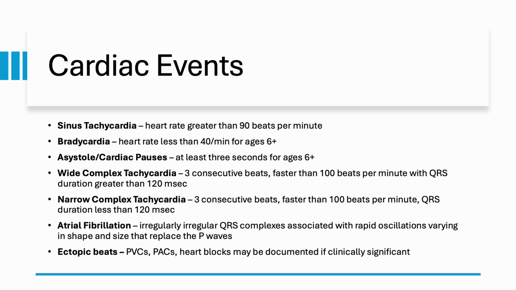Wide complex tachycardia is a fast heart rate, more than 100 beats per minute, and the QRS complex lasts longer than 120 milliseconds. There have to be at least 3 beats of at least 100 beats per minute for it to be wide complex tachycardia. Narrow complex tachycardia looks more like a normal fast heart rate. The QRS complex is less than 120 milliseconds.